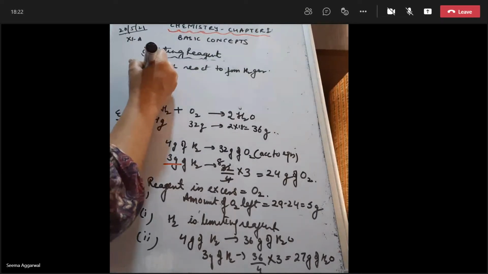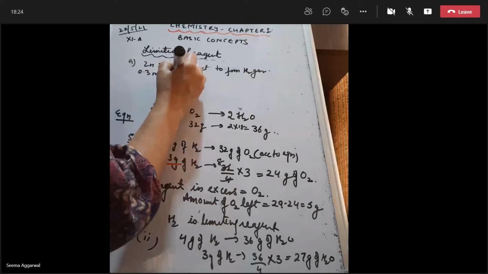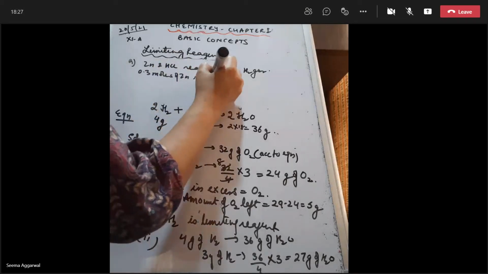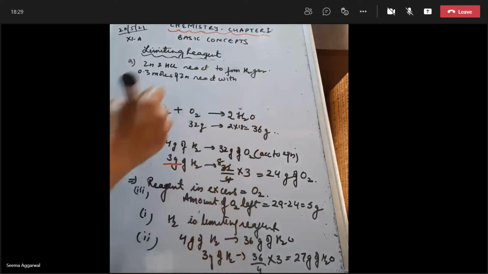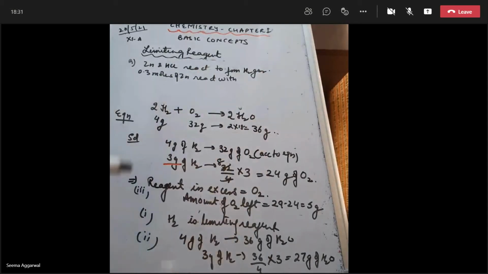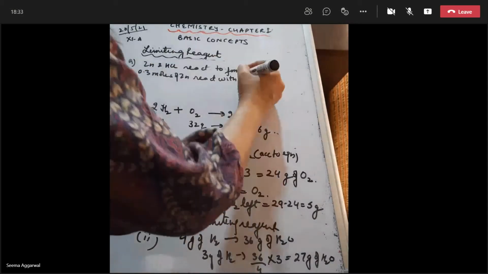If 0.3 moles of zinc react with... First, you have to identify whether there is a limiting reagent involved or not.